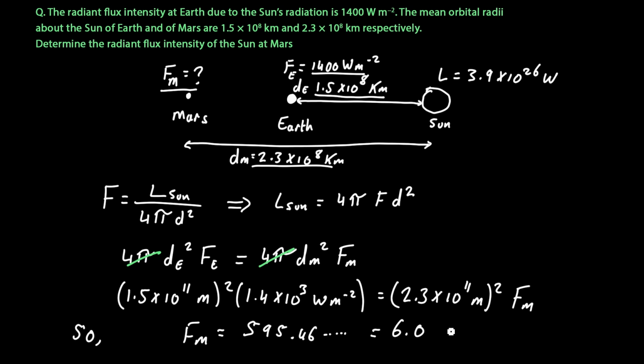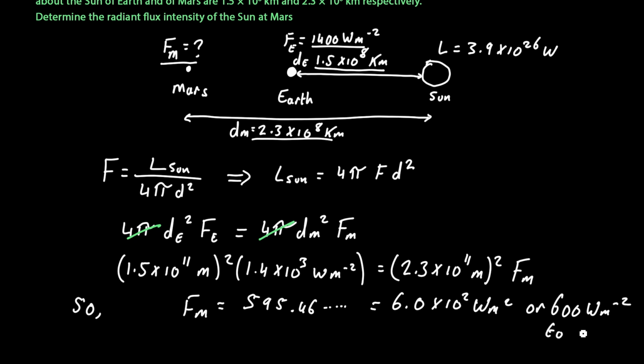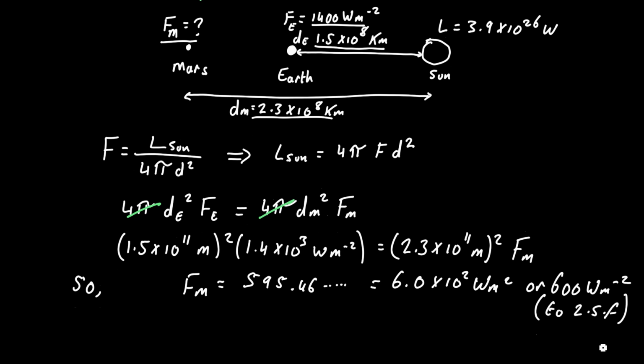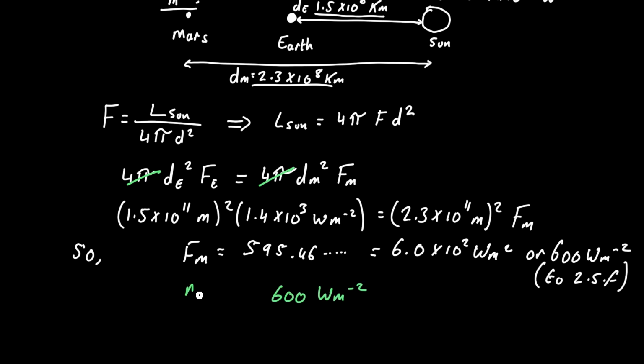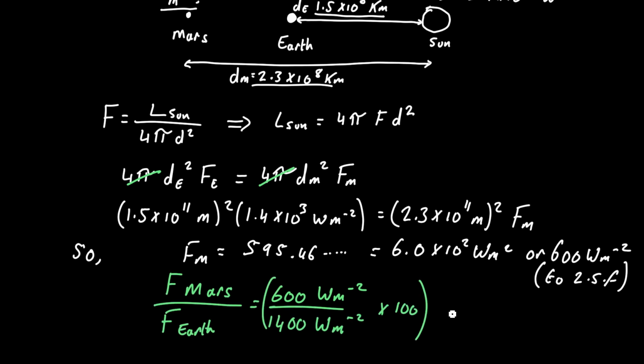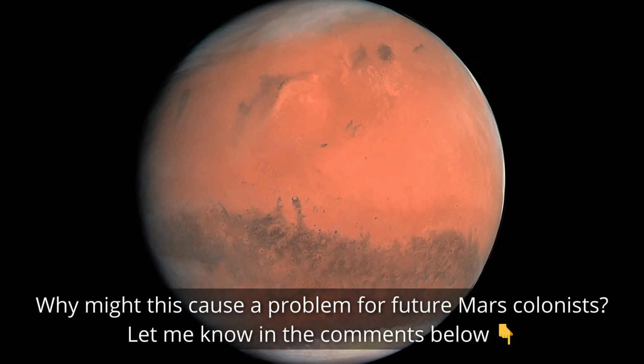But again, our values are only good to 2 significant figures. So we get an answer of 600 watts per square meter to 2 significant figures. And if we have a look at the ratio of the flux intensity at Mars and the flux intensity at Earth, Mars will receive about 43% of the equivalent flux intensity that we receive on Earth.